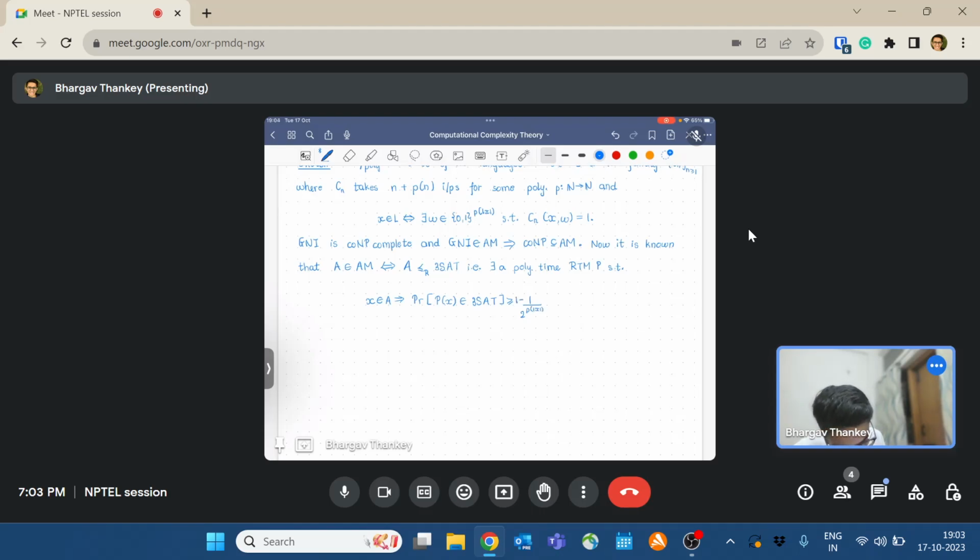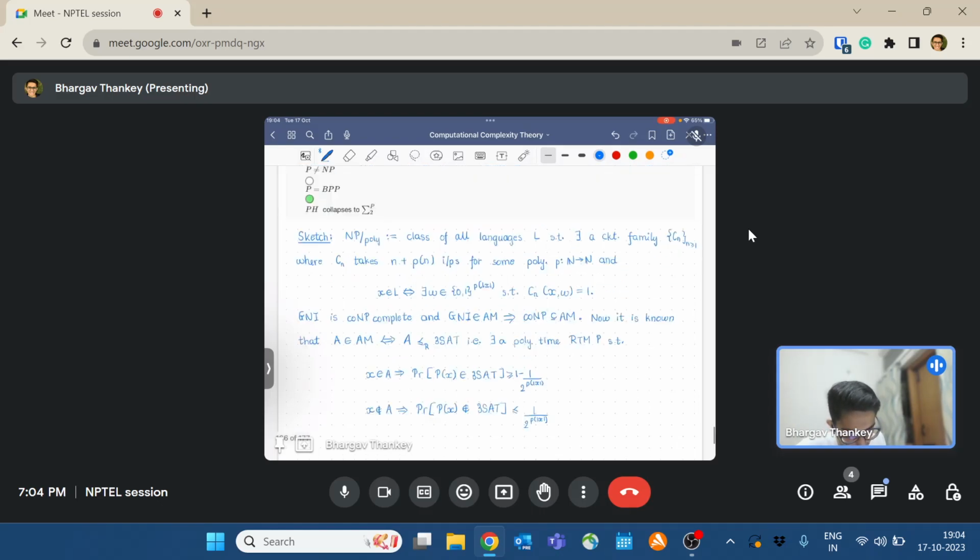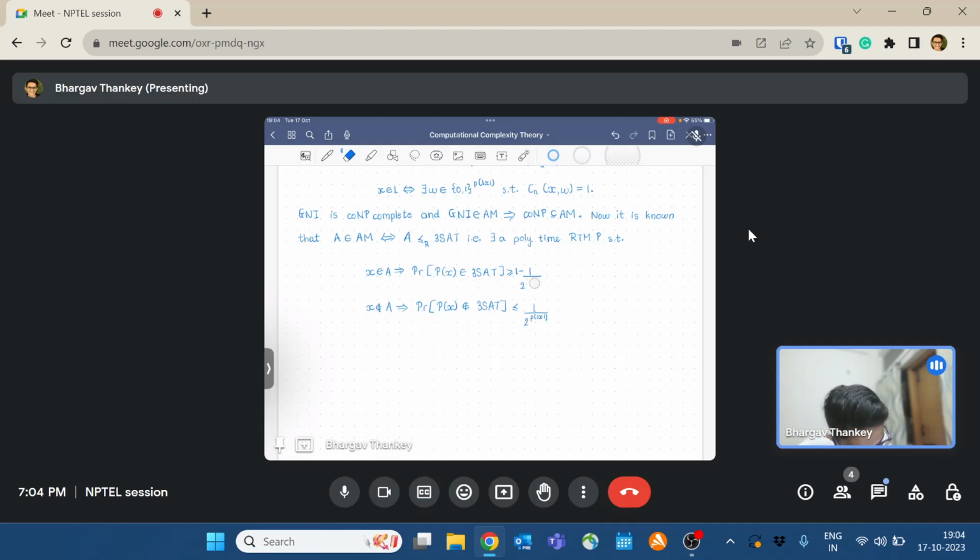And X not in A implies the probability is small. I've already used P above, so I need another polynomial Q over here; Q is some polynomial.